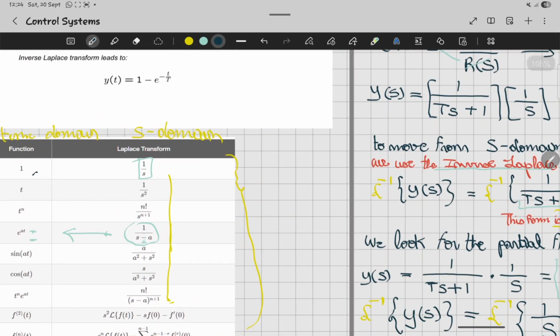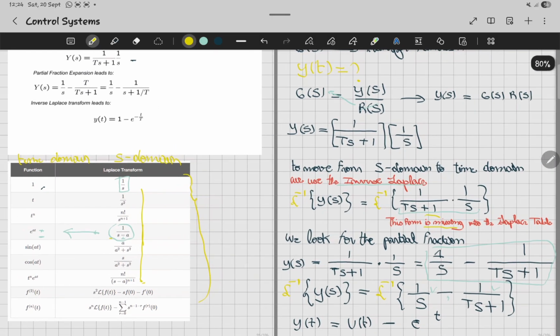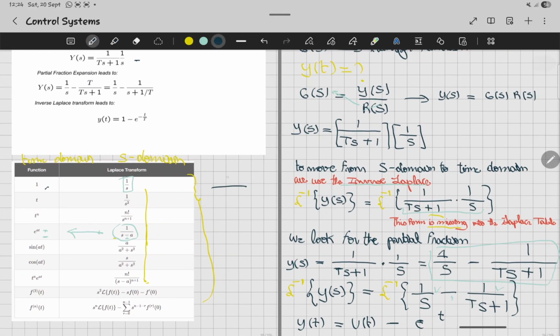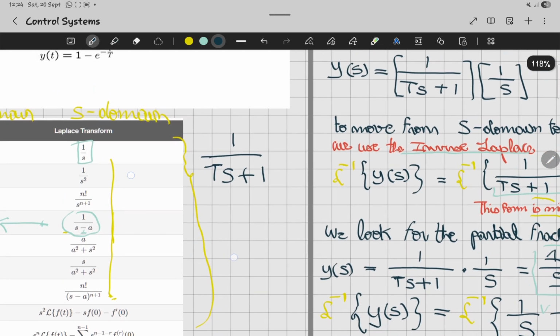Okay, so how are we going to write our equation into this form that you see here? Our equation, we have something like this: 1 over s plus 1.